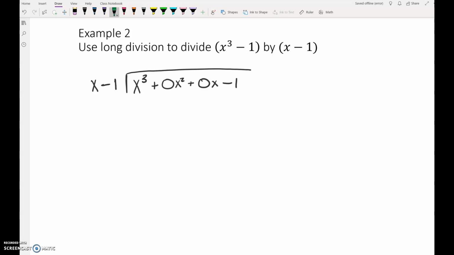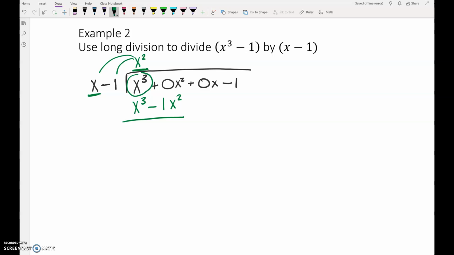Okay, round 1. X times what will give us x to the third? X squared. Distribute that. We get x to the third minus 1x squared. Now you don't need to write that minus 1. You could just write minus x squared, but I find that when we're doing this subtraction, it's sometimes easier if you do have that 1 written.